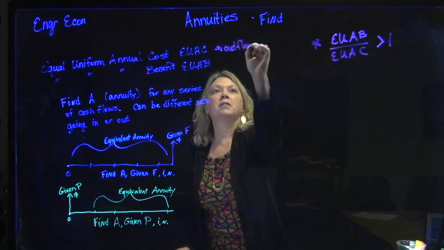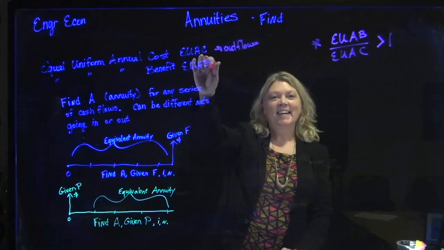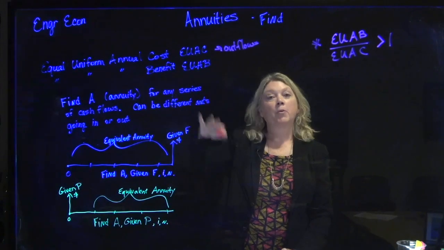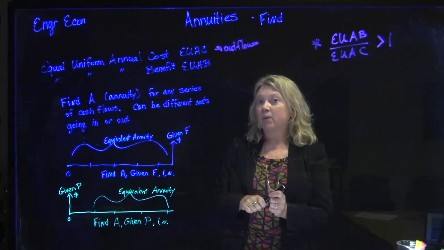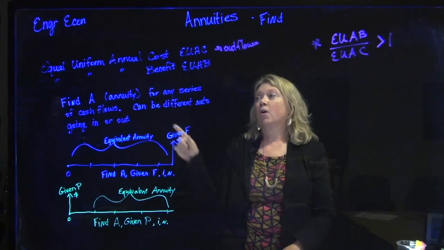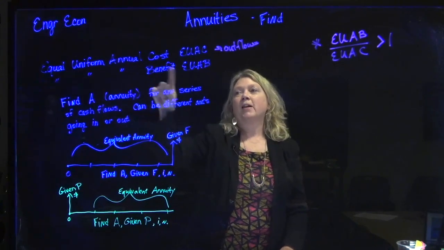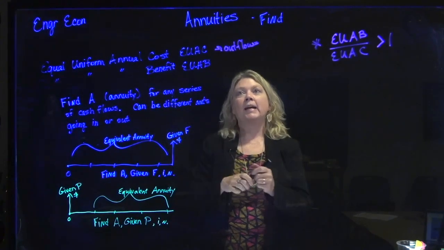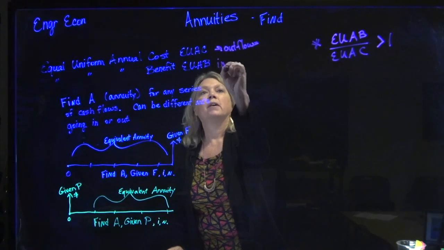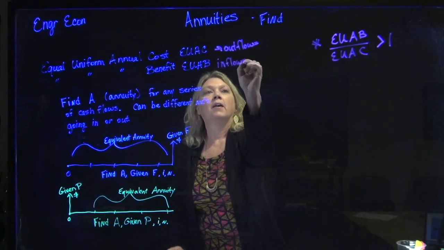Cash outflows are costs, and we want to come up with what's the average annual cost of a project, or Equal Uniform Annual Benefits, EUAB, and that is for cash inflows are benefits, right?